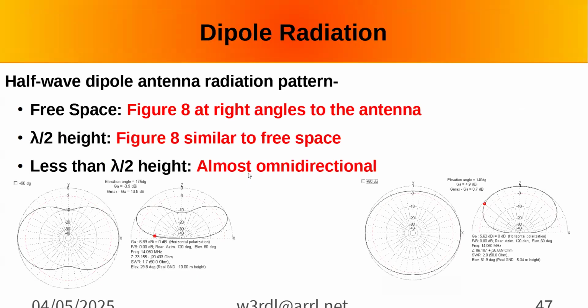Radiation pattern for a dipole. In free space, it's going to be a figure 8 at right angles to the antenna. When it's at the optimum half wavelength height, you get kind of a figure 8.